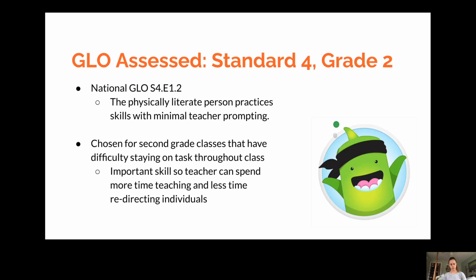Standard 4 deals with responsible personal and social behavior in respect of self and others. The national outcome that I am specifically assessing is S4.E12, which says the physically literate person practices skills with minimal teacher prompting in grade 2.